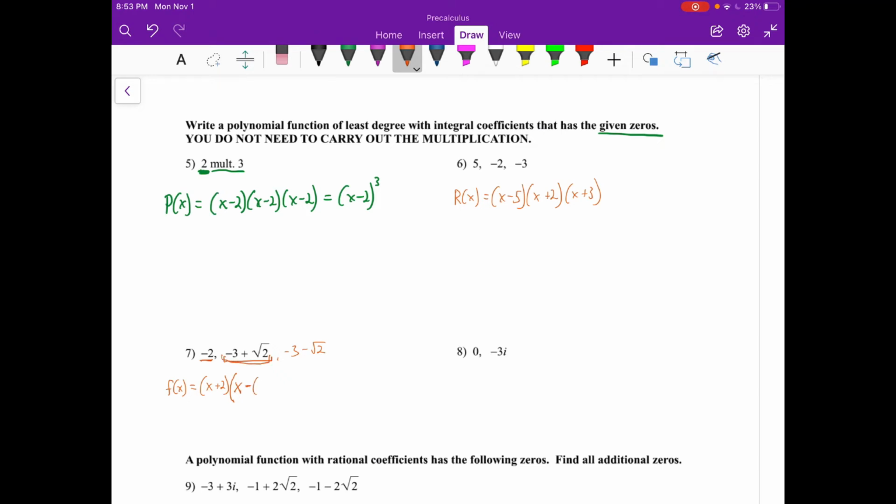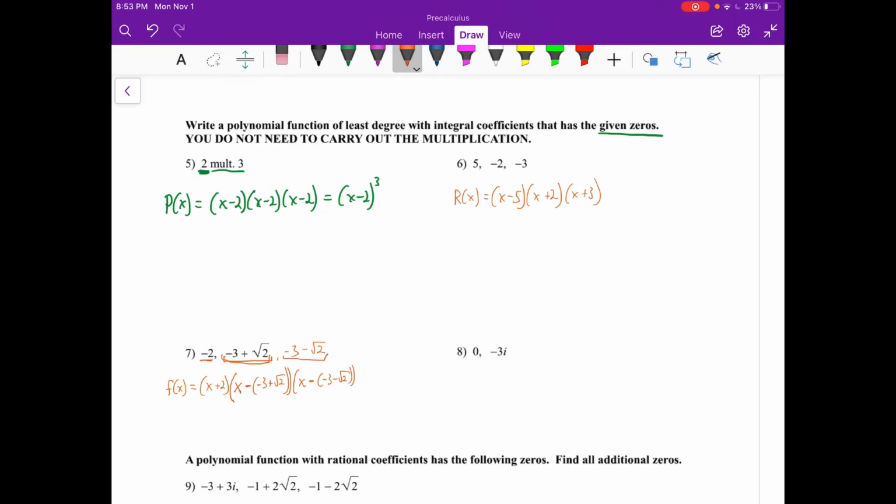So I'm going to put that in parentheses because the negative gets distributed. So x minus (-3 plus √2). And then if -3 minus √2 is a 0, we have to have x minus that number. So x minus that number is one of our factors.